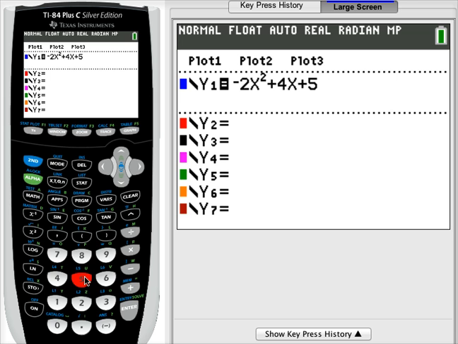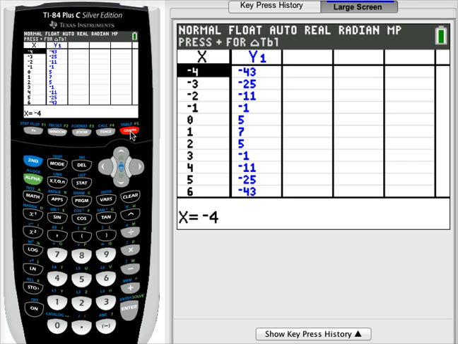So once you have it typed into that y equals, again, we need to go to the table. We need to see what values we can use. So second, to get to the table, and again, I'm looking for that symmetry, okay? I'm looking for that point where everything around it begins being symmetric.